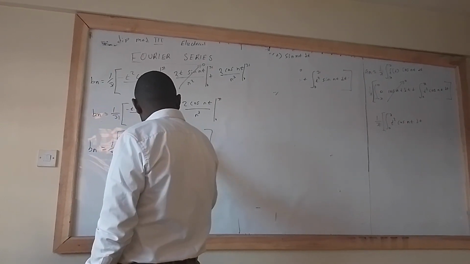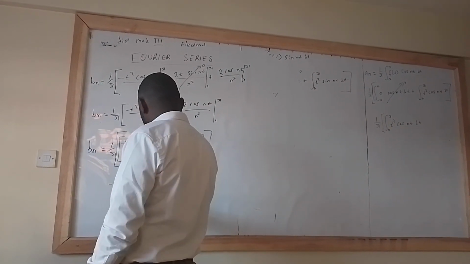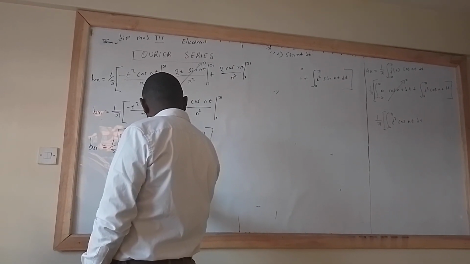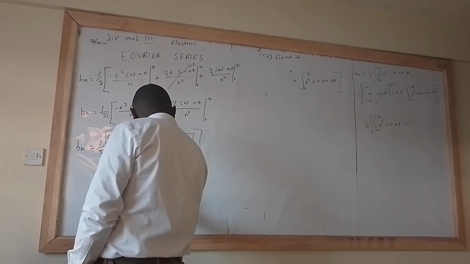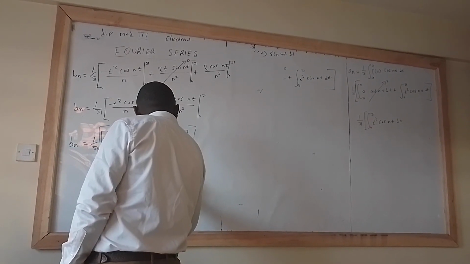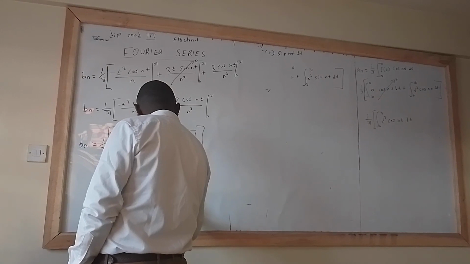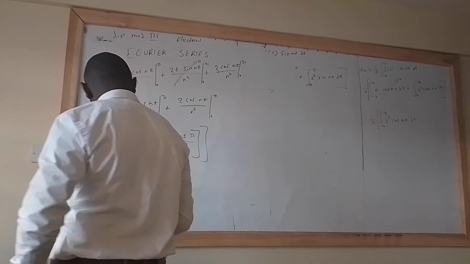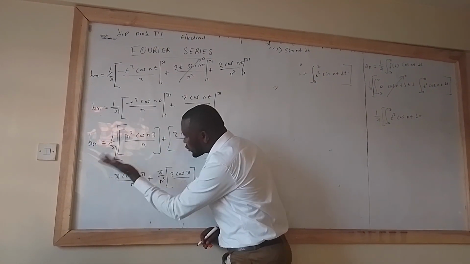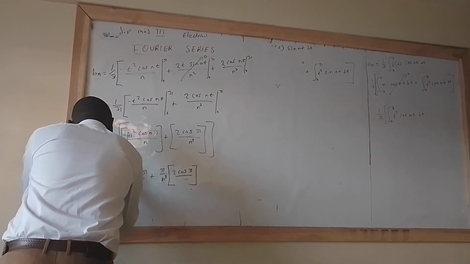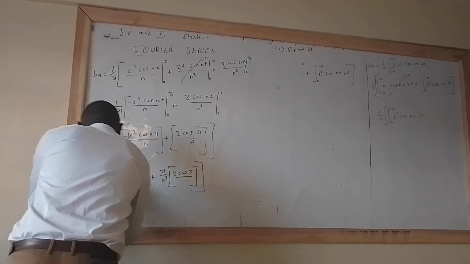So this n will go with the other n. Open the bracket: 2 cos of n pi divided by n power 3. Now I want to bring this one back again so that we can multiply everything by 1 over pi.